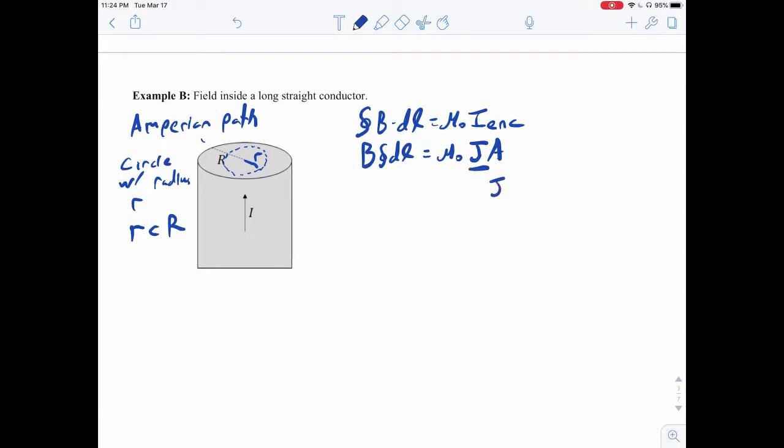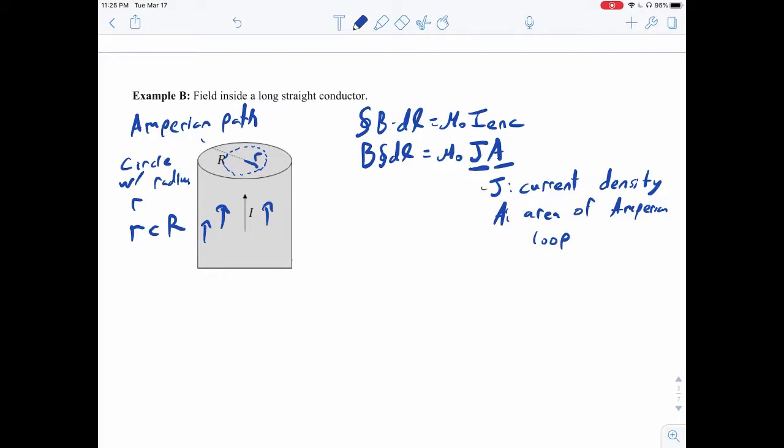So J, this is called current density. Because as you go out in the wire, you're going to have current here, here, here. We're not enclosing all that current. We're only enclosing part of the current. So A, that's the area of our Amperian loop, and that's only based on the loop that we drew of radius little r.